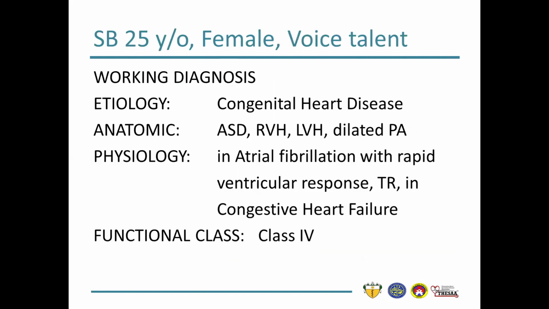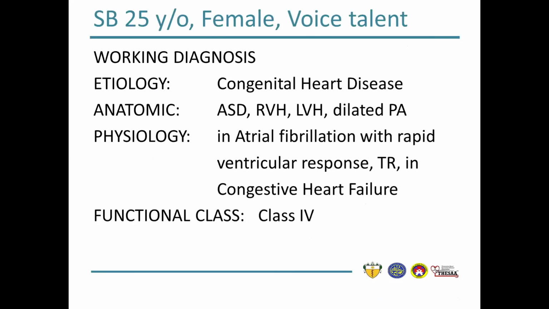So the working diagnosis for SB would be: etiology, congenital heart disease; anatomic diagnosis, atrial septal defect, right ventricular hypertrophy, left ventricular hypertrophy, dilated pulmonary artery. Physiologic diagnosis includes atrial fibrillation with rapid ventricular response, tricuspid regurgitation, and she is in congestive heart failure, functional class 4.